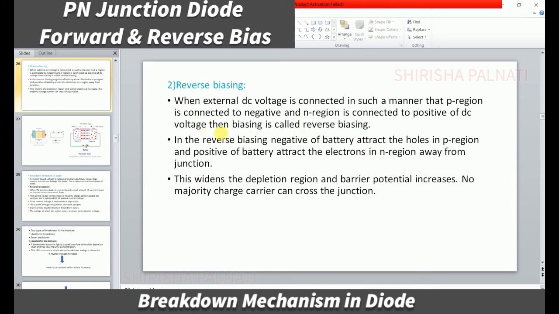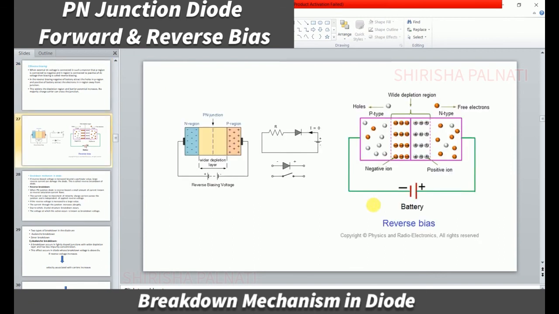In reverse biasing, the negative of the battery attracts the holes in the p region, and the positive of the battery attracts the electrons in the n region, away from the junction. What is the meaning of this point? Why are the electrons and holes moving away from the junction? Here the anode terminal is connected to the negative and the cathode terminal is connected to the positive.